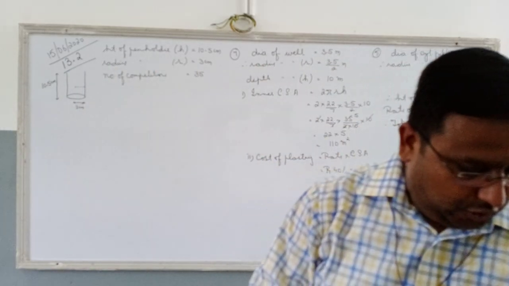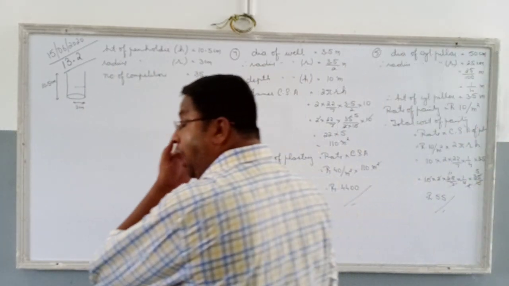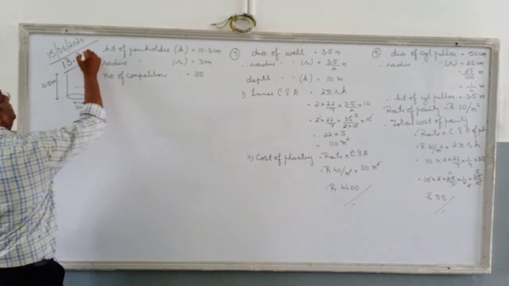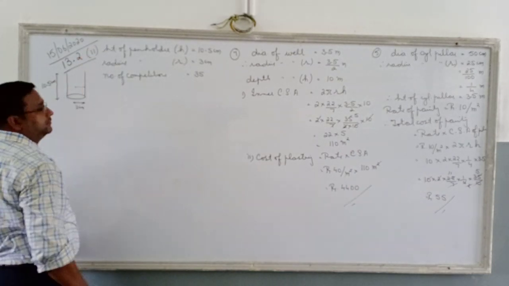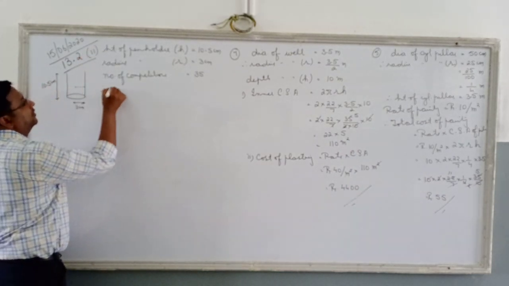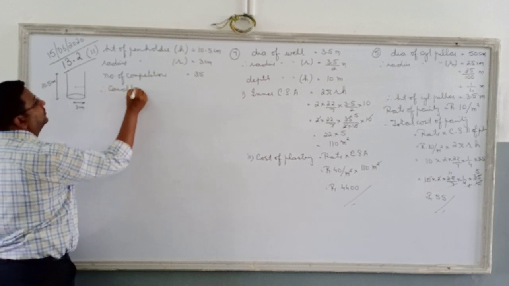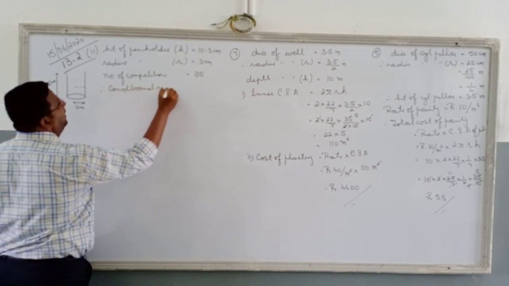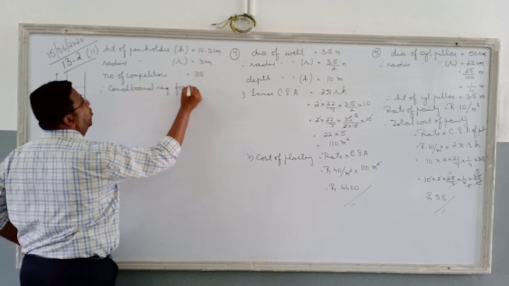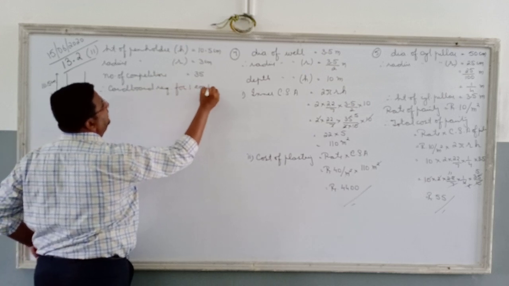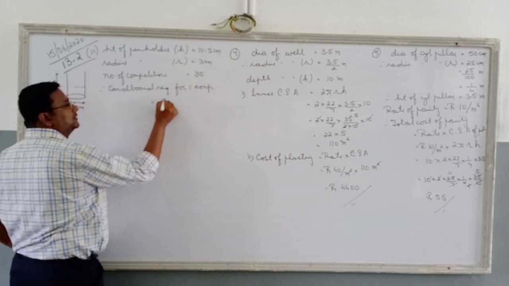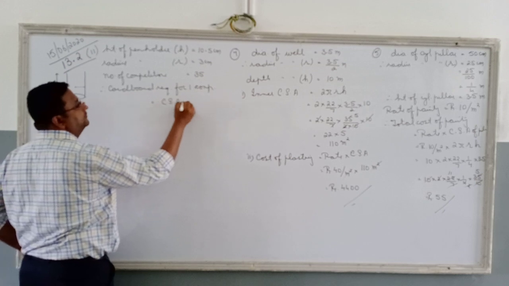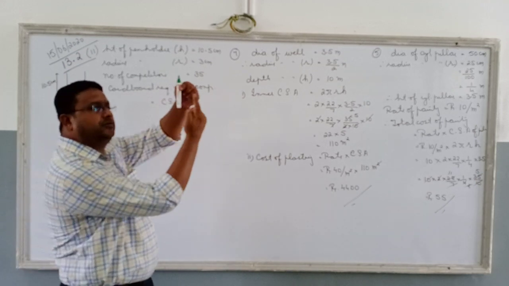So we have to check how much cardboard is required for one. So therefore cardboard required for one competitor is equals to curved surface area. Will it be required on the surface? Yes.